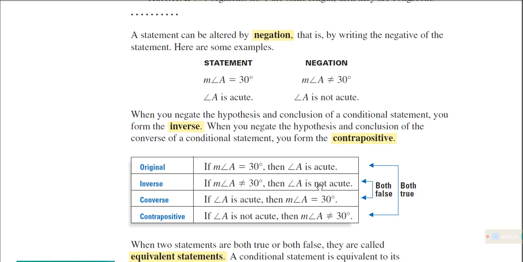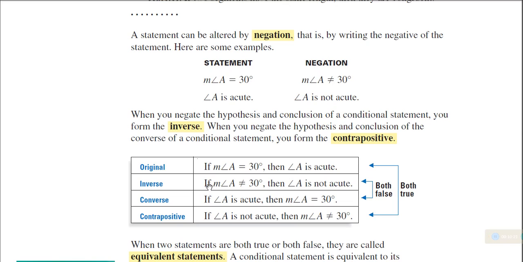So, this is false. Now, we have the converse. If measurement of A is acute, then measurement of angle A is equal to 30 degrees. So, si angle A daw ay acute. Tapos, ang measurement daw niya ay 30. Is it necessary na measurement niya ay 30? No. Kasi meron pang ibang mga acute na angle na ang measurement ay hindi 30.